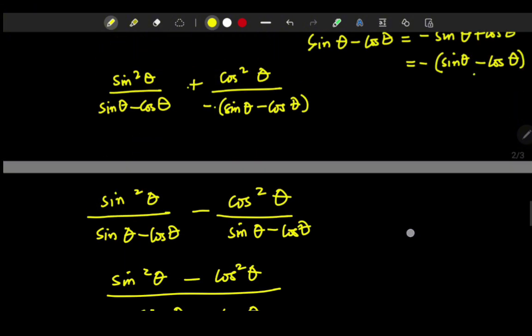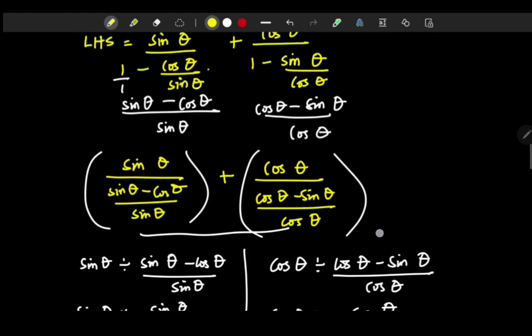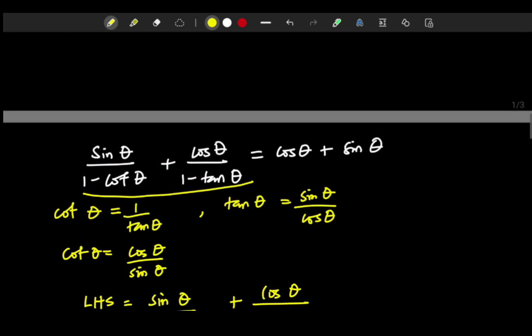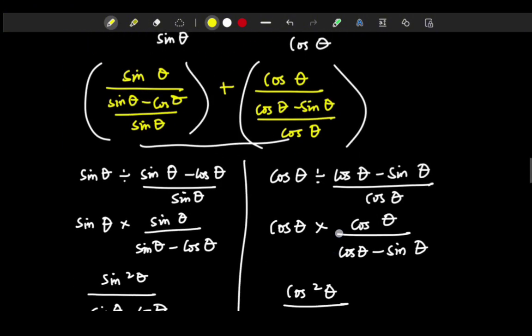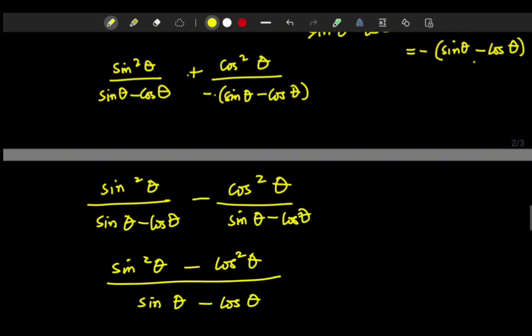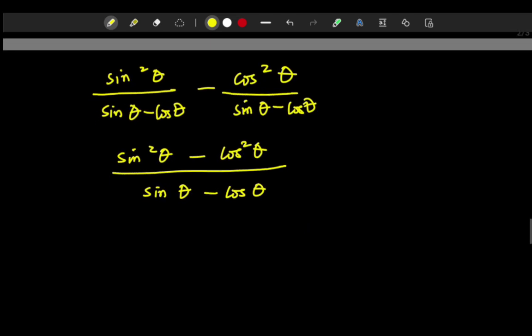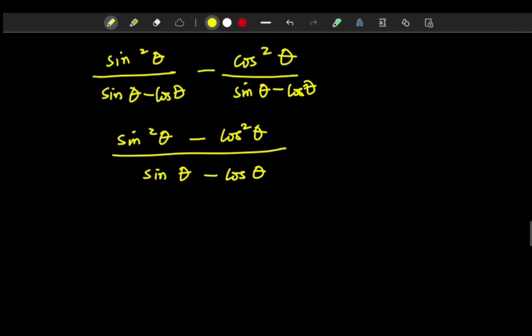Good. Now remember, we're trying to prove that this will give you cos theta plus sine theta. Great. Now this is actually a difference of two squares. What are the squares?